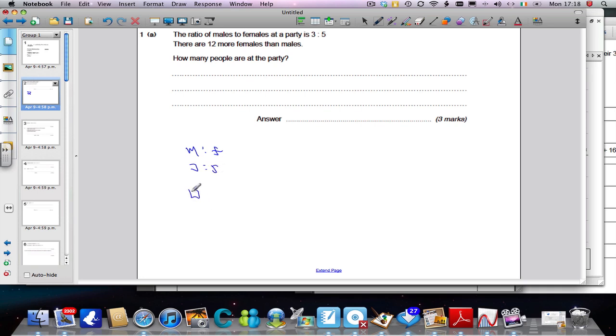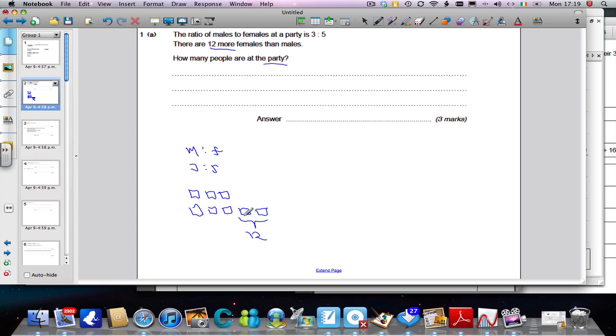That means for every 3 males we should have 5 females. 3, 4, 5. Now it tells me there are 12 more females, which means that these 2 parts here must represent 12 people.